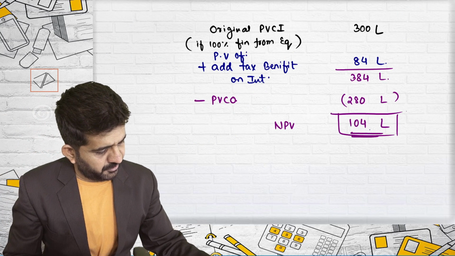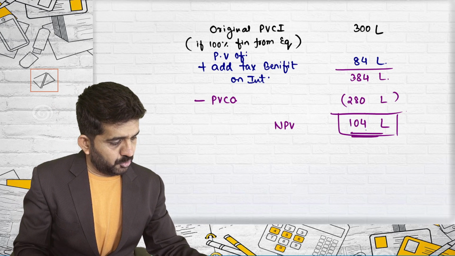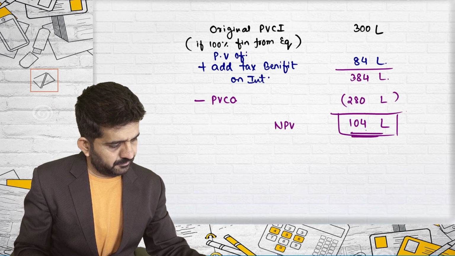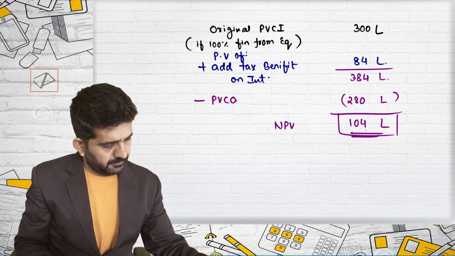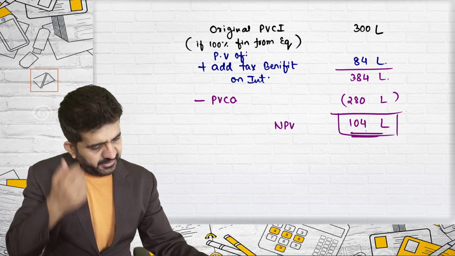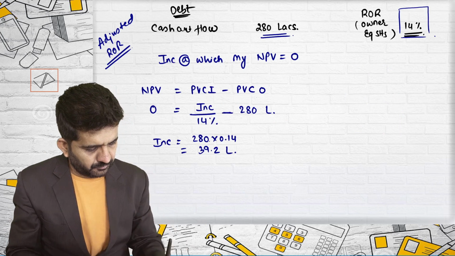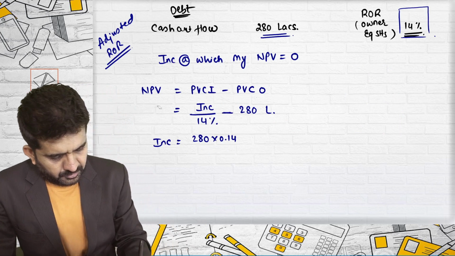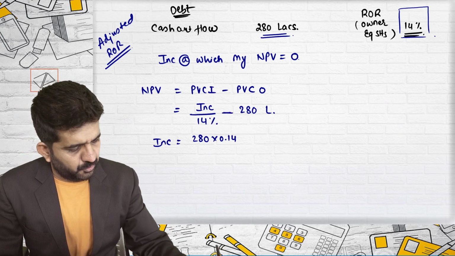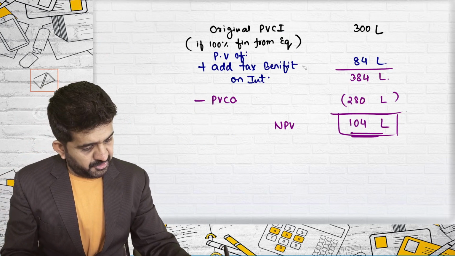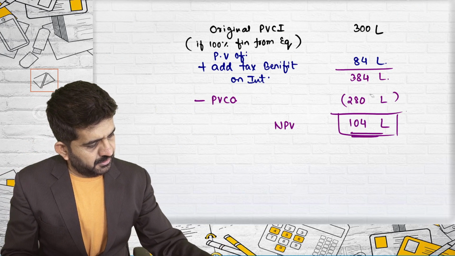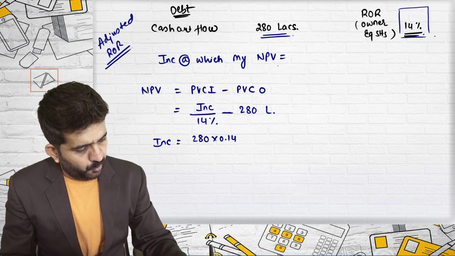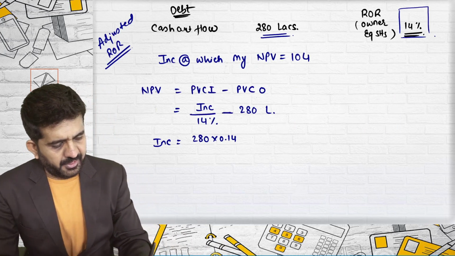Sorry, I'm not earning that, I'm actually earning 104, right? I will not be taking NPV 0, the income at which NPV is 104. Try to concentrate first.